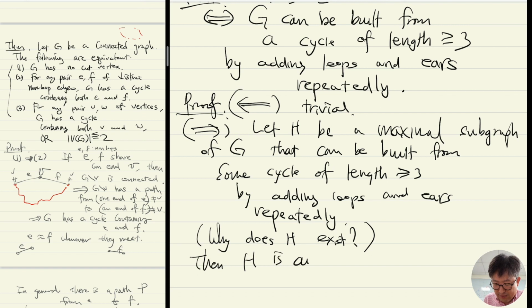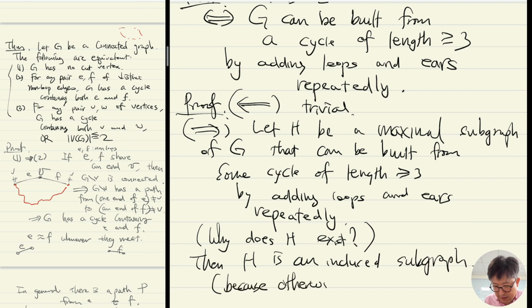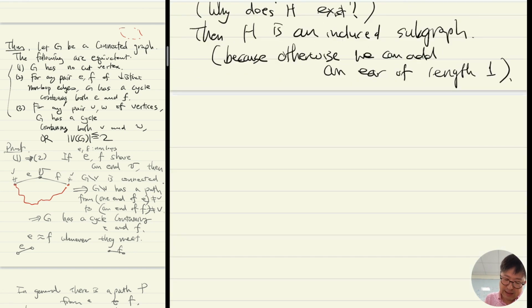Then H is an induced subgraph, because otherwise we can add an ear of length 1, right? So here is an H. If I have a missing edge, if I had an edge like this, then I can add it. So H is increased, so that's a contradiction to the maximality. So H is an induced subgraph.